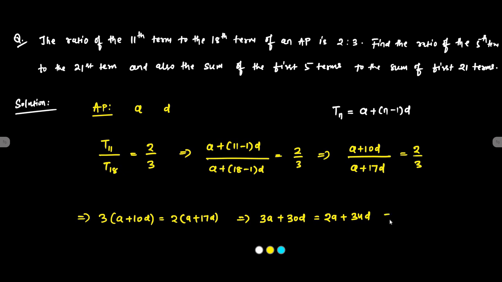That implies 3a minus 2a is equal to 34d minus 30d. That implies a is equal to 4d. Okay, a is equal to 4d. This is the important relationship. The first term is 4 times the common difference.